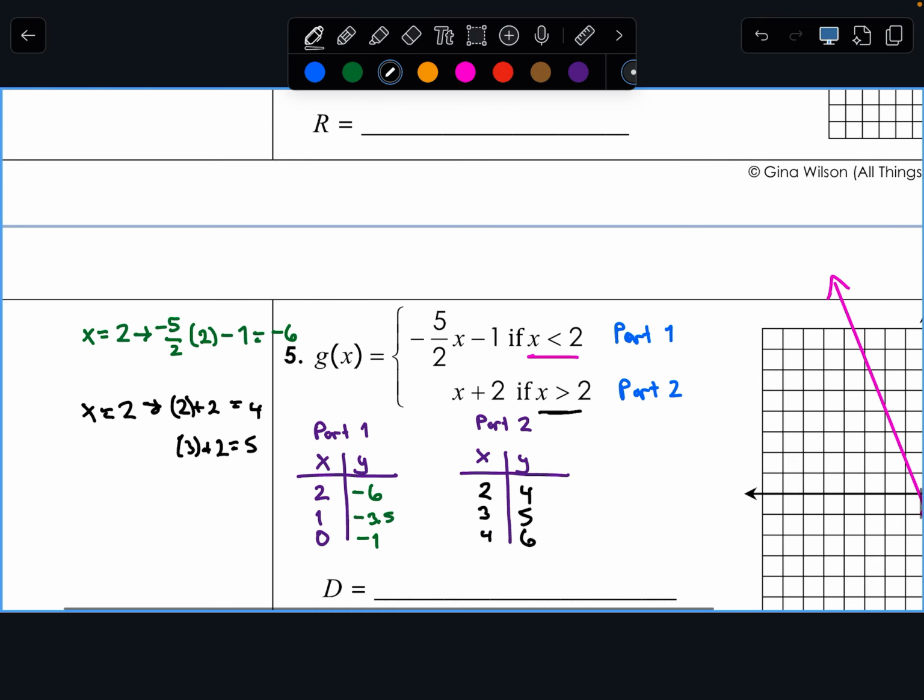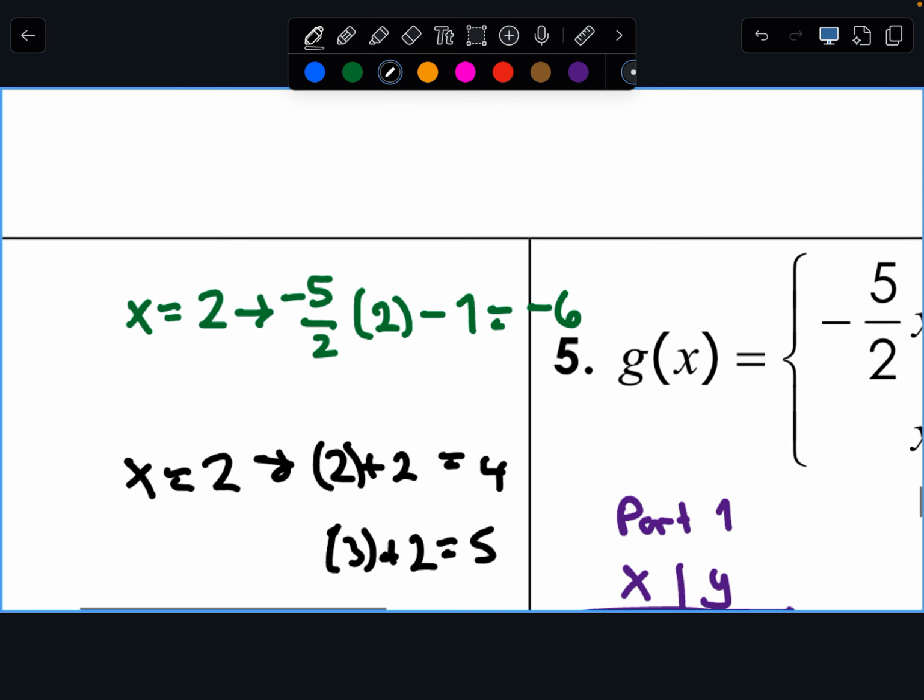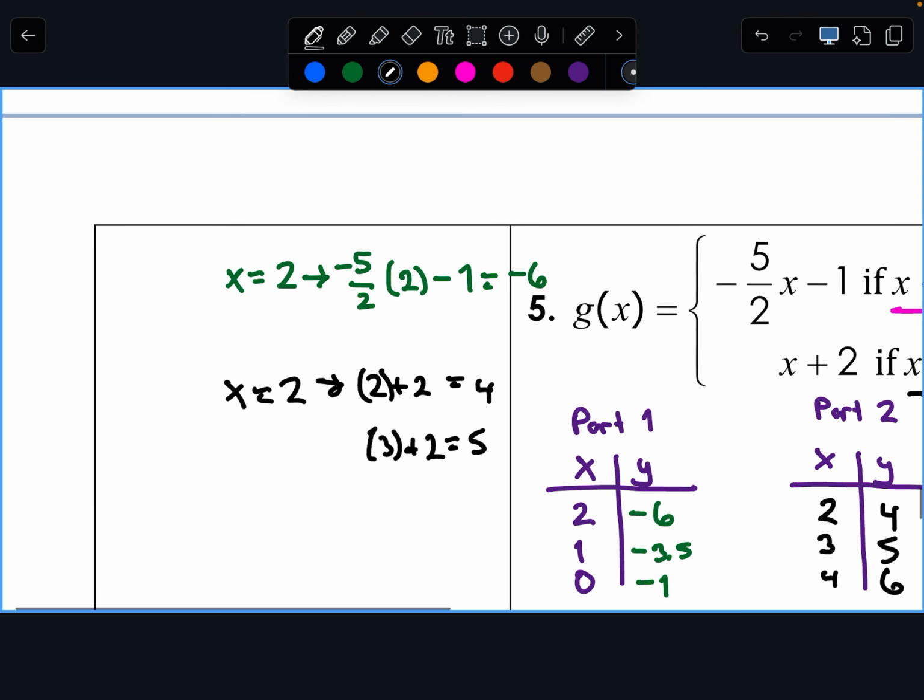So we just did part 1. We just did one number on part 1. We just plugged the 2 into that part 1 equation. And then you can also do it again for x equals 1, and then again for x equals 0.